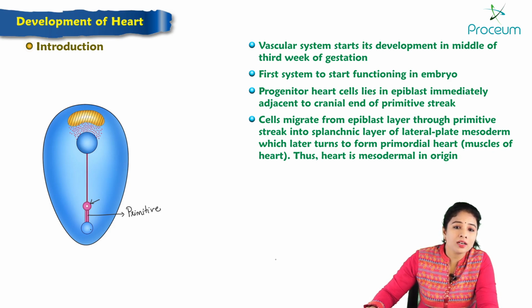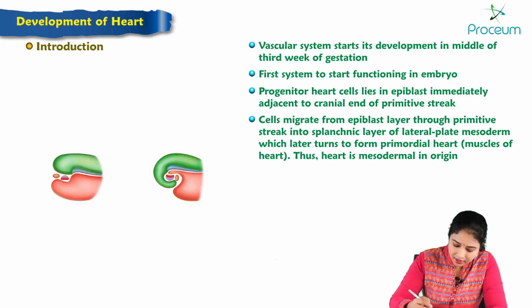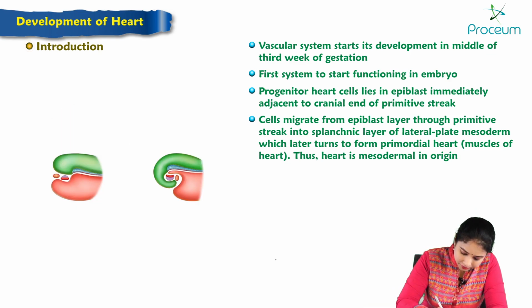Thus the heart is mesodermal in origin. Here we can see the epiblast cells and hypoblast cells, and this is the amniotic sac, yolk sac, and here is the heart tube.